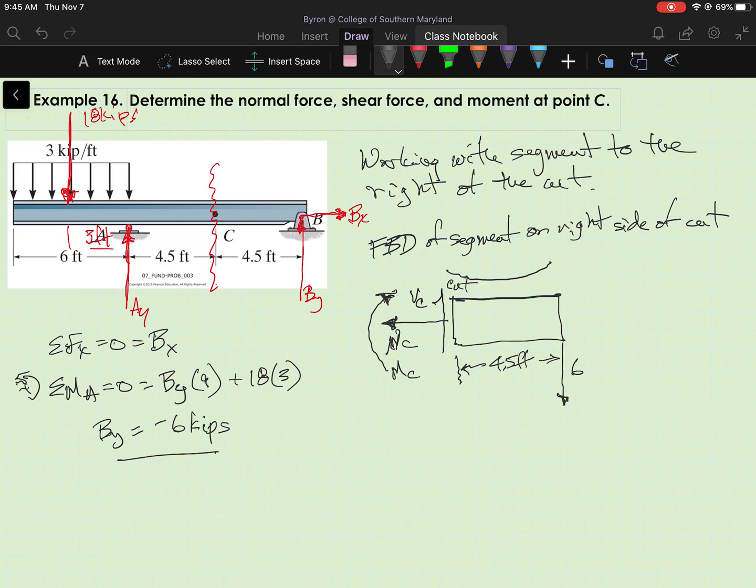So let's sum forces in the x direction. We should be able to see that N sub C is equal to 0.